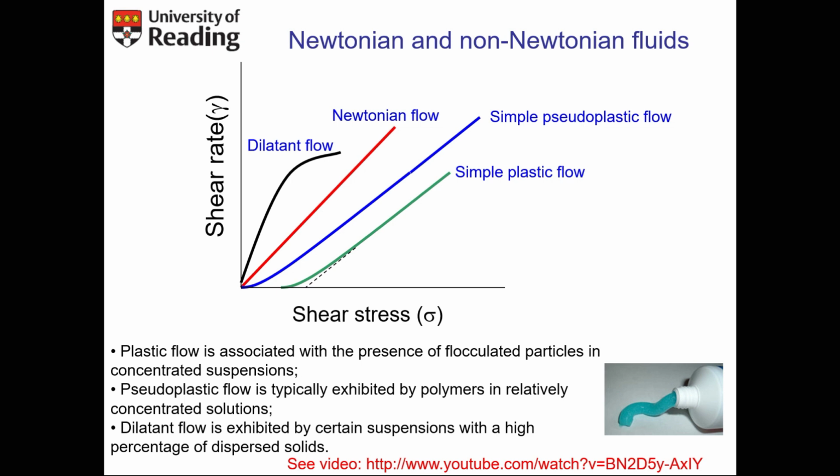There are several types, for example, simple plastic flow, simple pseudoplastic flow, and dilatant flow. And different types of semi-solid dosage forms could be defined as non-Newtonian. One of the examples is a toothpaste that does exhibit dilatant flow. And also, if you remember, there was a nice video showing the behavior of non-Newtonian fluids.